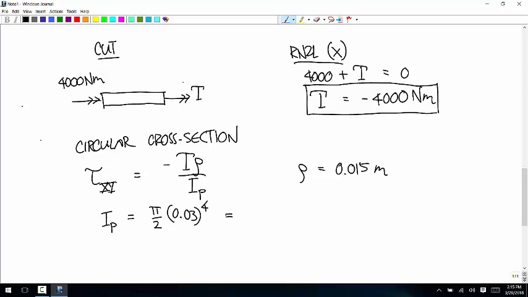And what do you get for that? 1.0 times 10 to the minus 6 meters to the fourth.